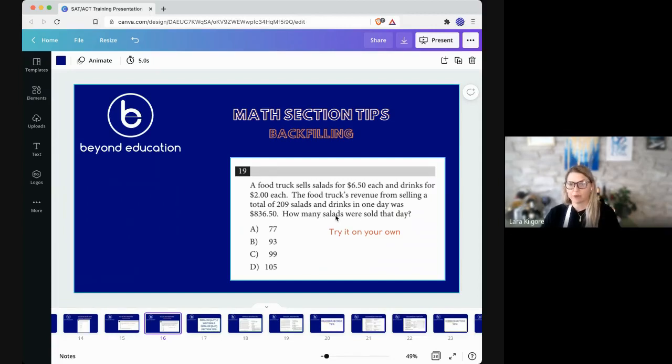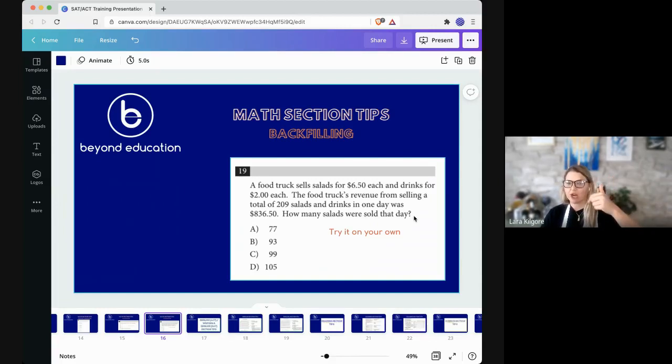The other part for this one that we haven't talked about yet, make sure that the student is answering the question being asked. So in this case, it's not very tricky, but there are some that are trickier. In this case, it wants to know how many salads were sold that day. So if you're doing a system of equations problem, you're naturally going to solve for two things. So in this case, I'm going to naturally solve for salads and drinks.